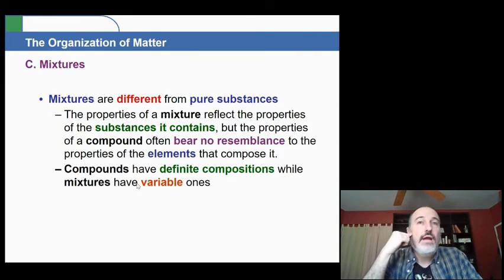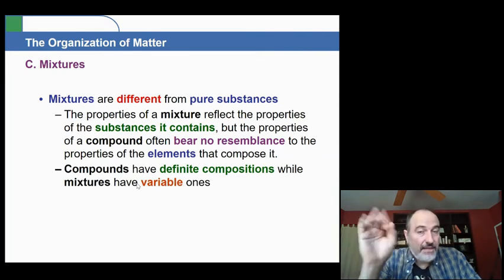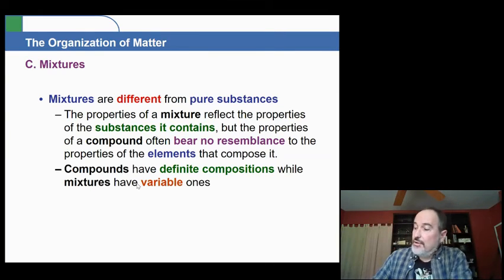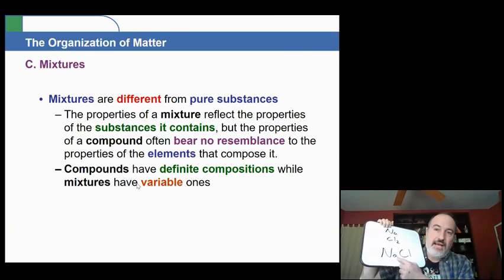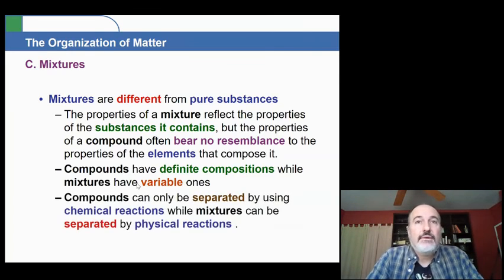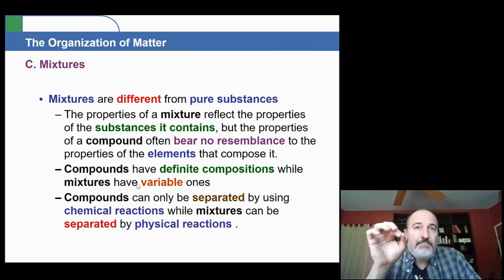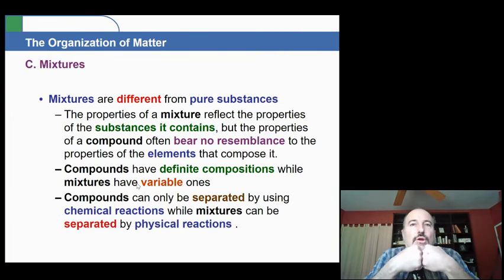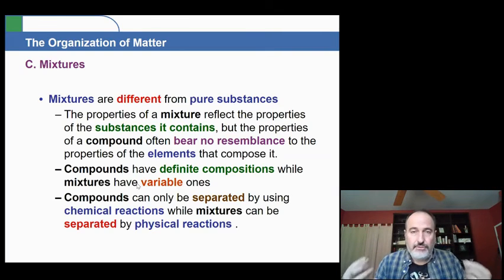We also mentioned this before. Compounds have definite compositions, while mixtures have variable ones. No two pizzas are the same, but no matter where you go, the compound sodium chloride is always made up of sodium and chlorine. Okay? And also, compounds, since they were combined together chemically, can only be separated using chemical reactions, whereas physical reactions were what were used to put together a mixture.